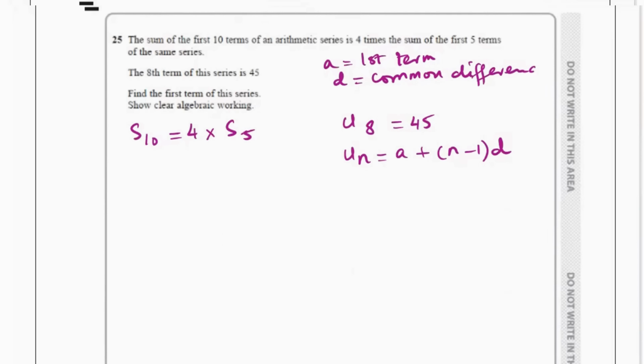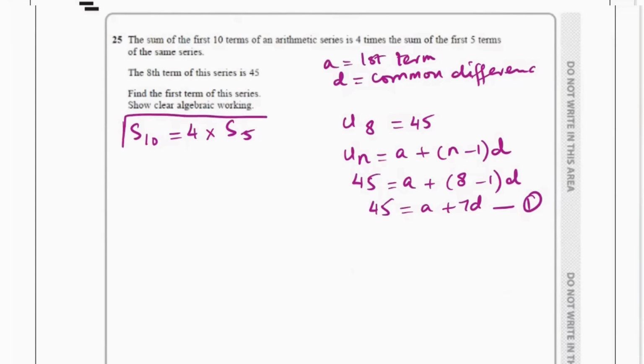And n is the placement of the term, whether it's the first term, second term, third term, and so on. So using the information that the 8th term is 45, let's create an equation. 45 equals A plus 8 minus 1 times D. 45 equals A plus 7D. This is our first equation.